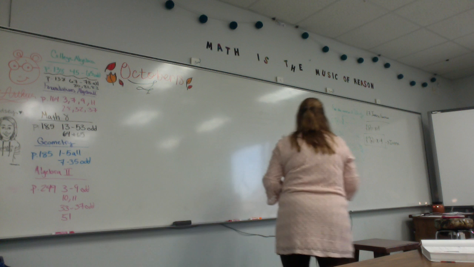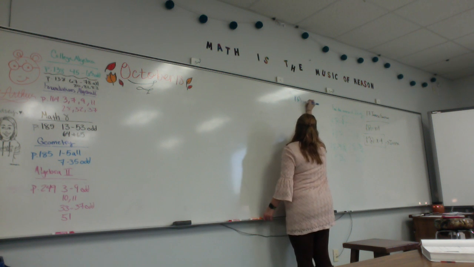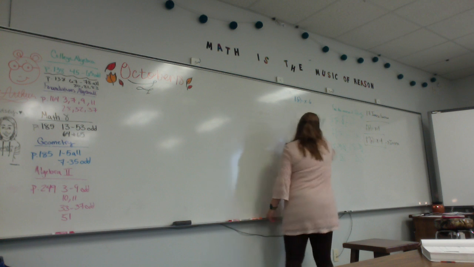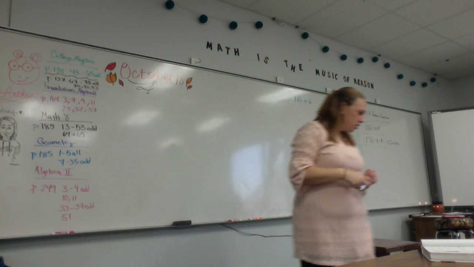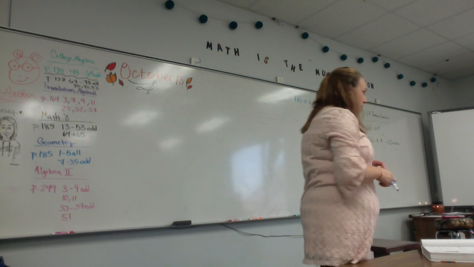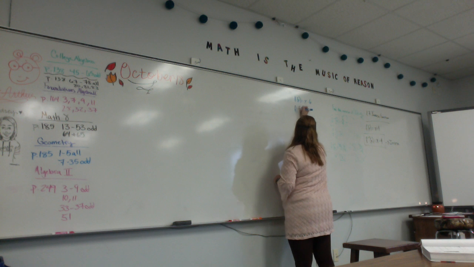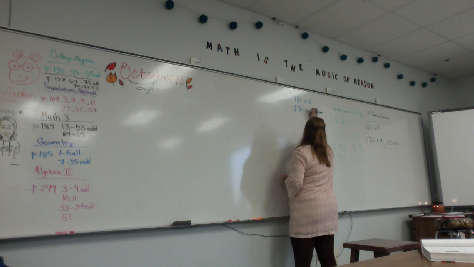So, let's find the inverse function of f of x equals x minus 6. How do I find the inverse function of f of x equals x minus 6? It's either negative 6 or 6. Yes, so my inverse function should be x plus 6.